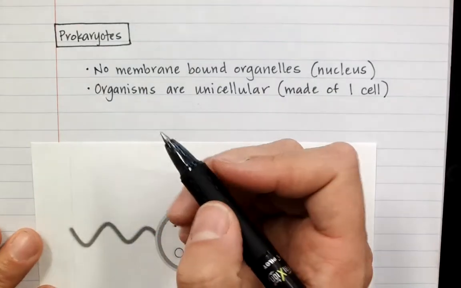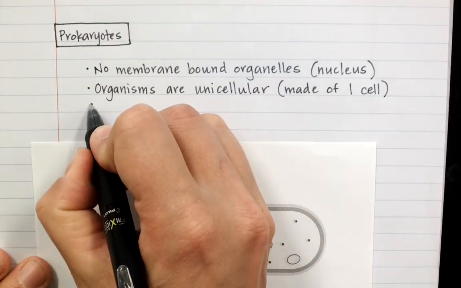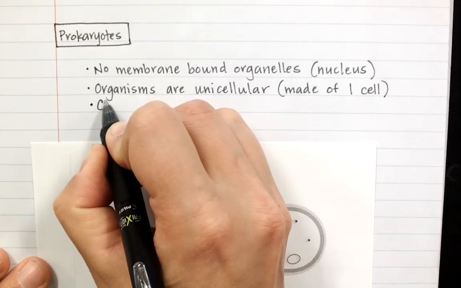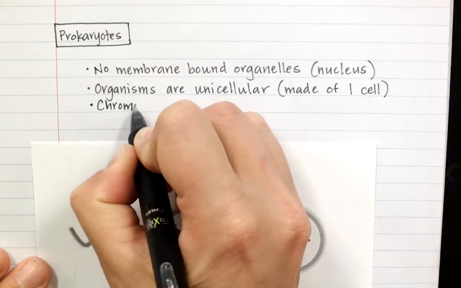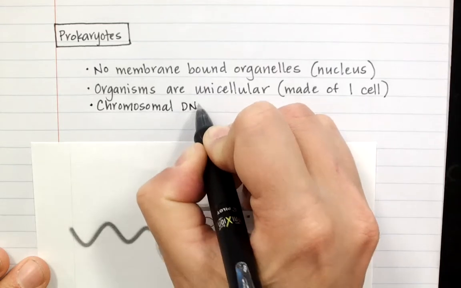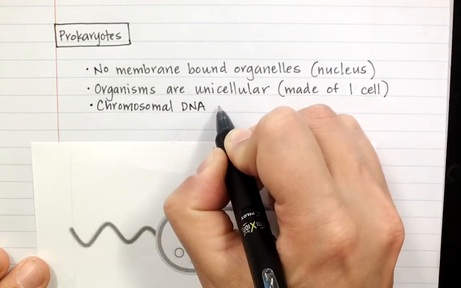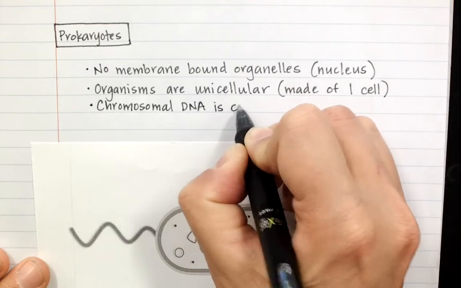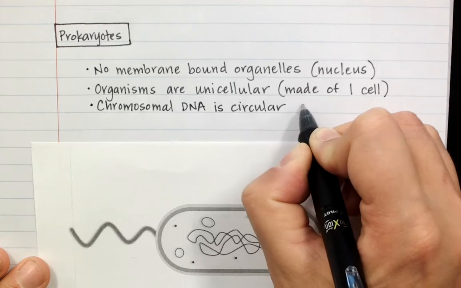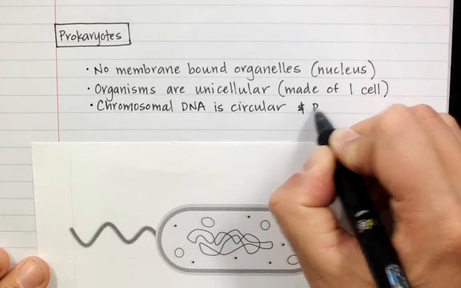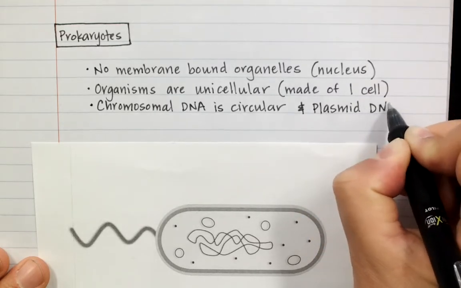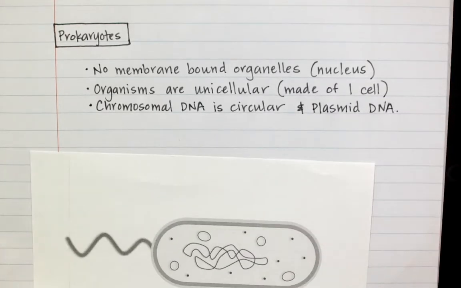And then the last thing is that they have two types of DNA. They have chromosomal DNA, and their chromosomal DNA is circular. And they have plasmid DNA. So two things about this are different than our DNA.